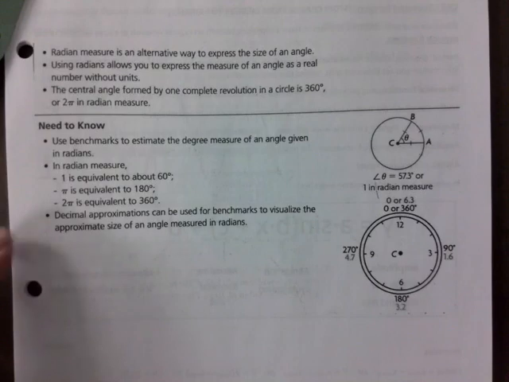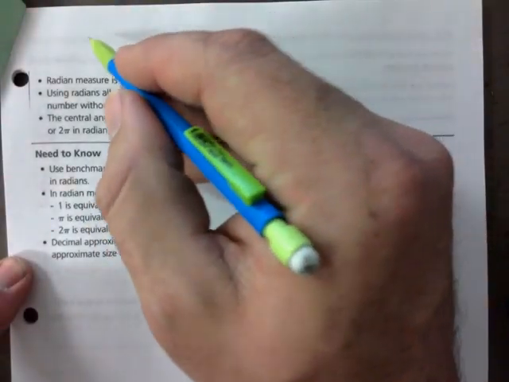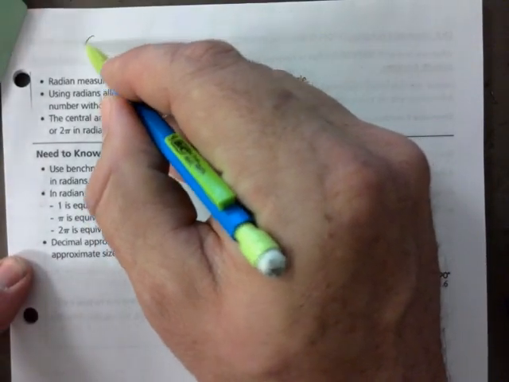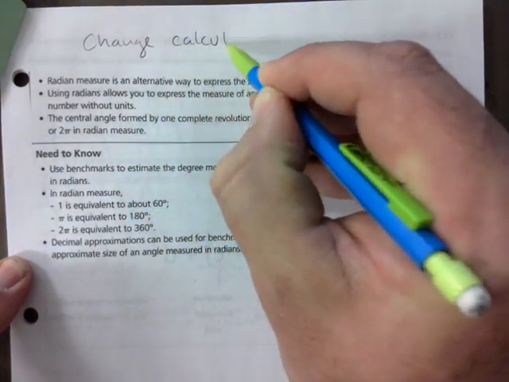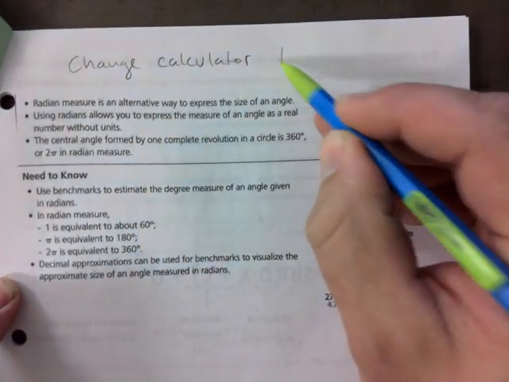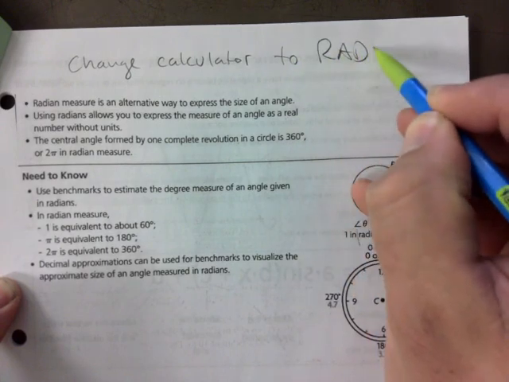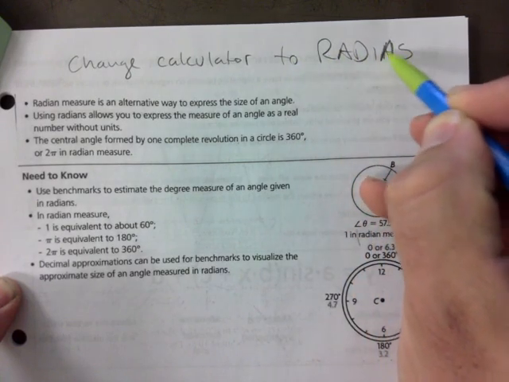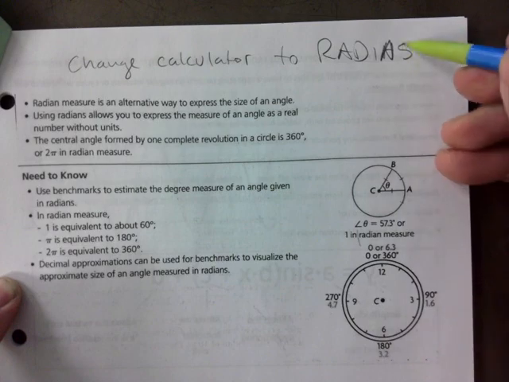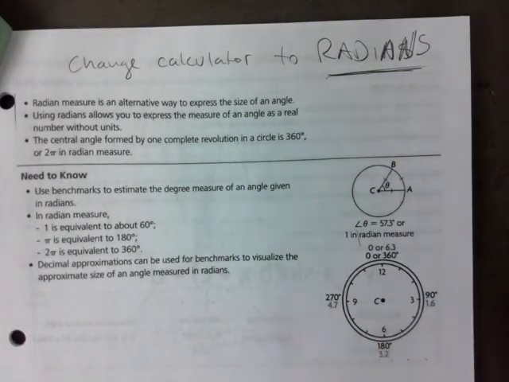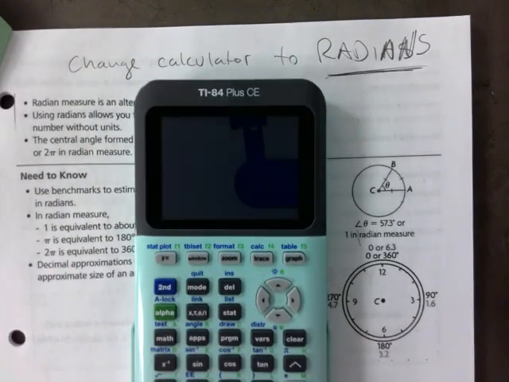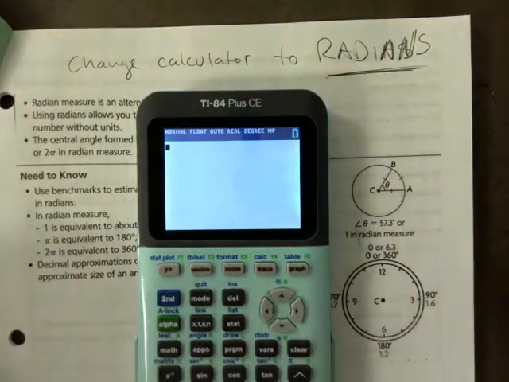I want to make a big note here. Change your calculator to radians. I'm gonna mention that a bunch of times, but we need to make sure we change this. So grab your calculator. Everybody, make sure you do this, otherwise your answers are going to be completely different.